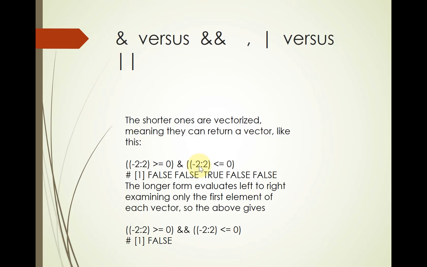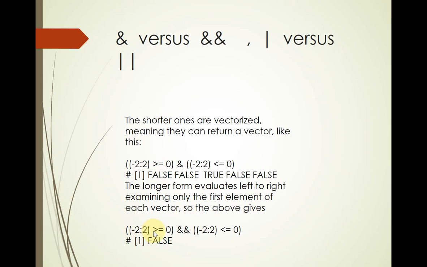On the other hand, for this one, the first term is true, the second term is true, the third term is true, the fourth term is false, and the fifth term is false. And when we use the conjunction, we get the results of that as a Boolean vector. So the longer form evaluates from left to right, examining only the first element of each vector.